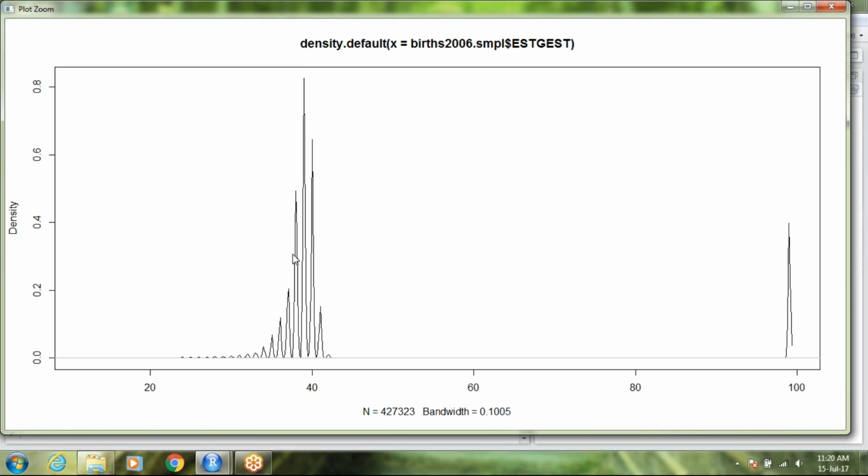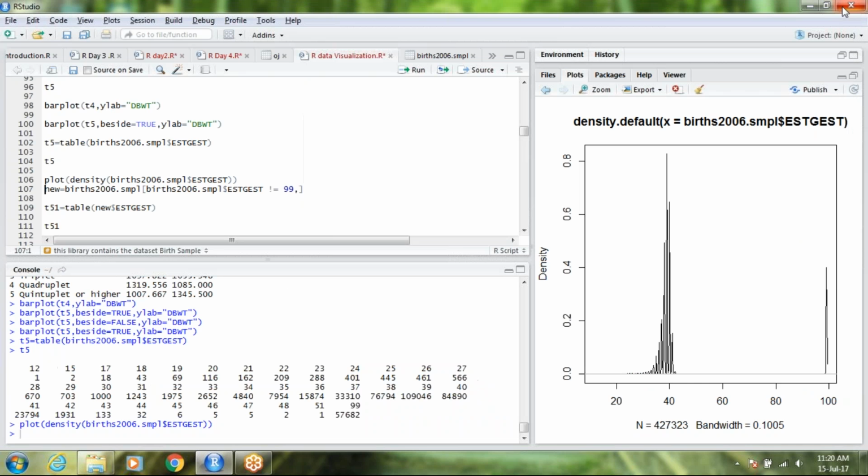Otherwise you can see that at 39 and 40 we have the maximum expectation. Otherwise these are quite low values, and this is a very extreme value. We are not expected to have this, so it is very rare, and we can exclude this from our analysis at the moment.